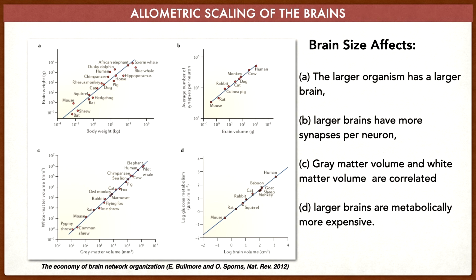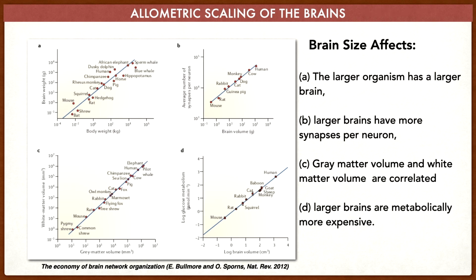Next is about allometric scaling in the brain. Like we studied earlier too, in case of the brain, the body weight is correlated with the weight of the brain. Brain volume is correlated with the average number of synapses passing through per neuron, and the gray matter volume is correlated with the white matter.